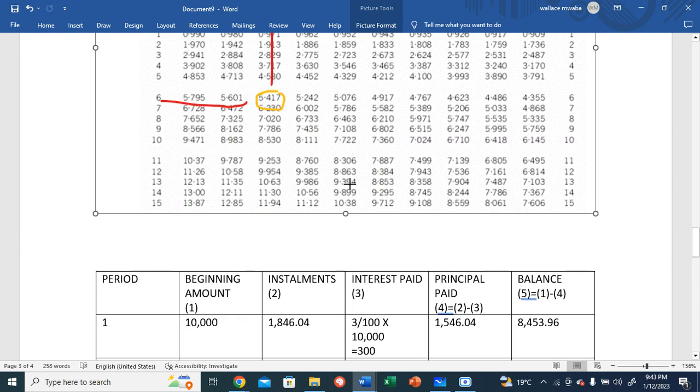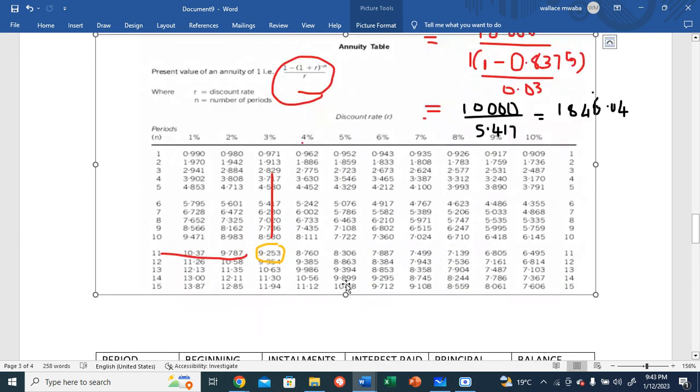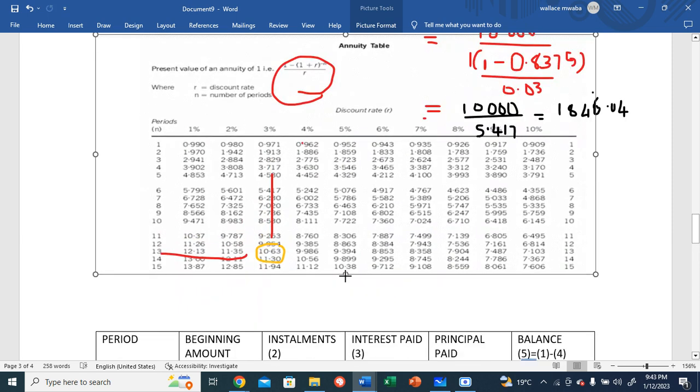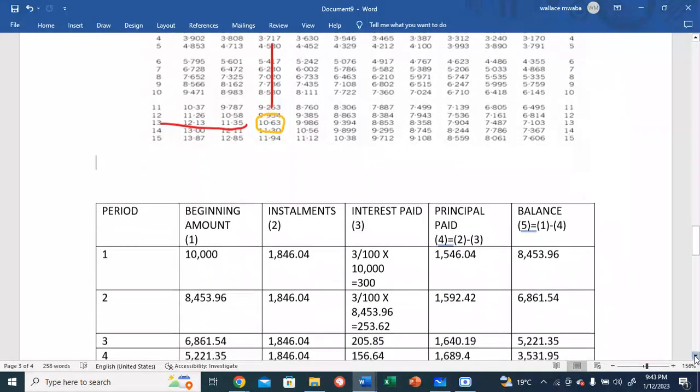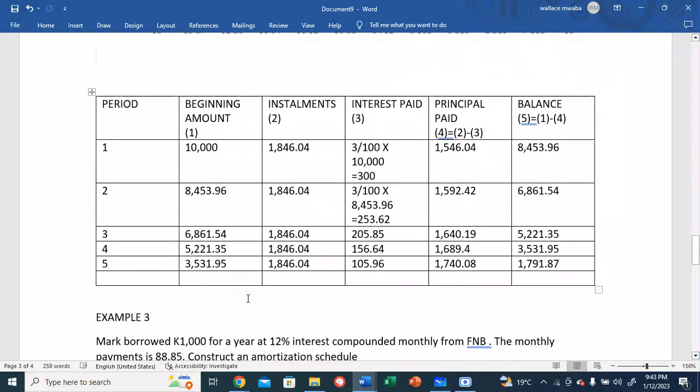Let me bring the table a bit upwards. So here we have 1,791.87.